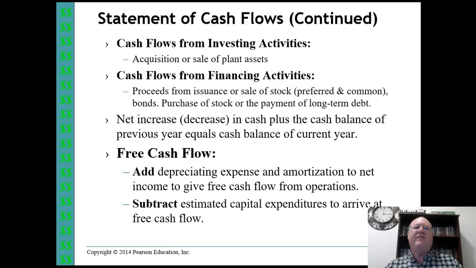The second part of the statement of cash flow is cash flow from investing activities. And this is looking basically at your fixed assets and either your acquisition or your sale of the fixed assets. The slide here says plant assets, which obviously comes into account if you're a manufacturer, but if you're a retailer, it may just be fixtures in your store.